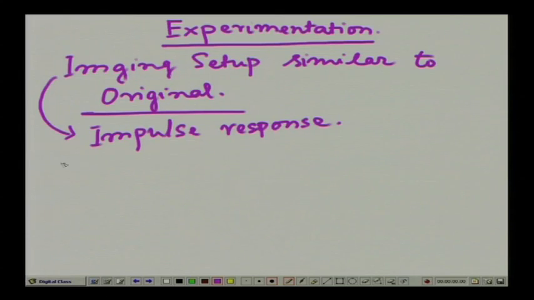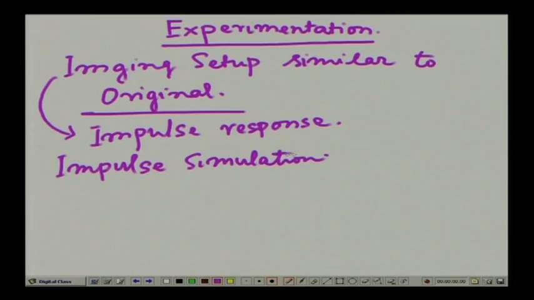So, the first operation that we have to do is to simulate an impulse. The first requirement is impulse simulation. Now, how do you simulate an impulse? An impulse can be simulated by a very bright spot of light, and because our imaging setup is a camera, we will have a bright spot, as small as possible, of light falling on the camera.